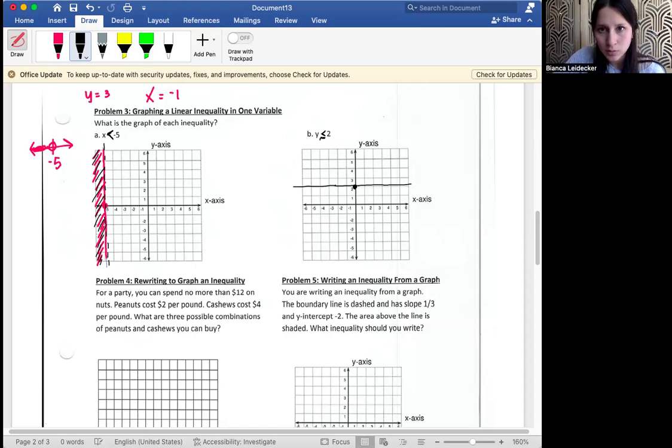So it includes the line itself. And then the only way to show that y is less than 2 is to shade below, because that's where you have points that are below +2 on your y-axis. So I would be shading everything on this bottom half here.